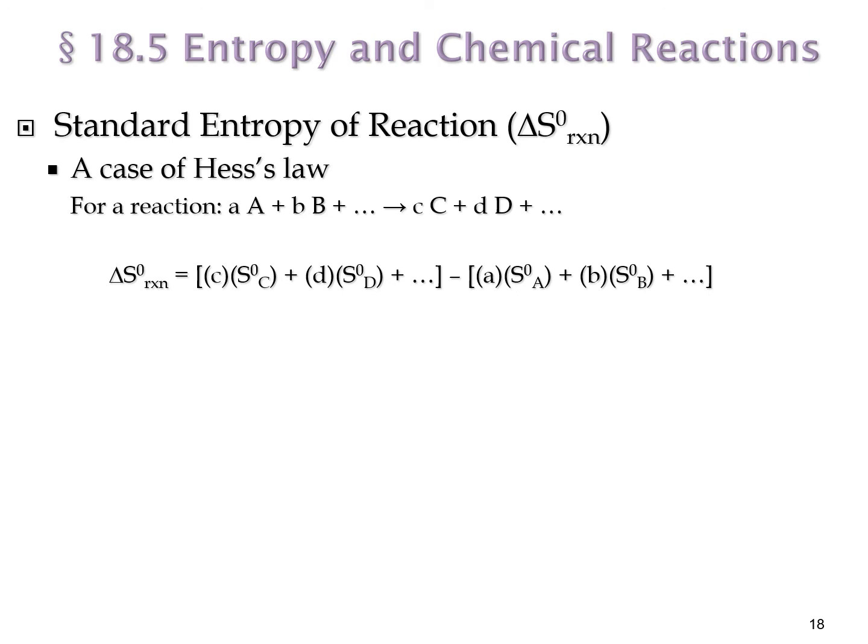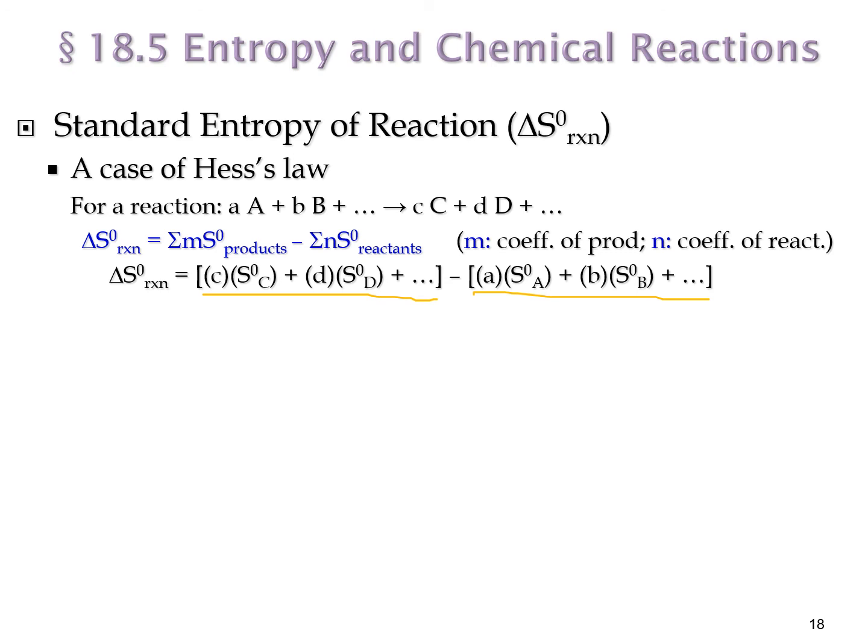I just want you guys to realize the one in the front actually comes from the products. The second term is the reactants. So that is Hess's law. The only thing that we need to change is we switch H with S.